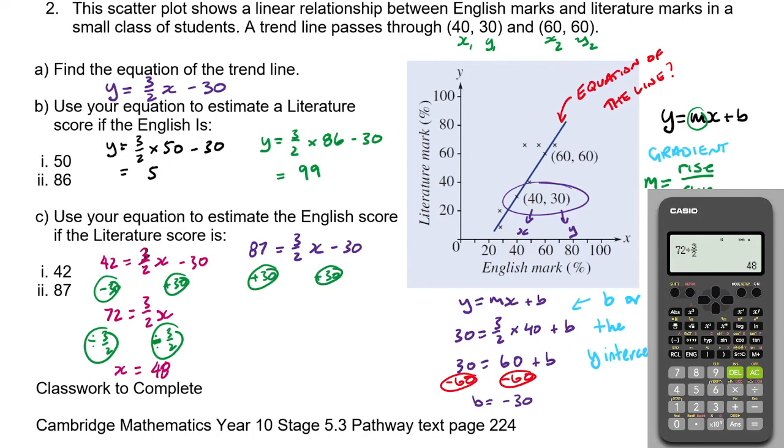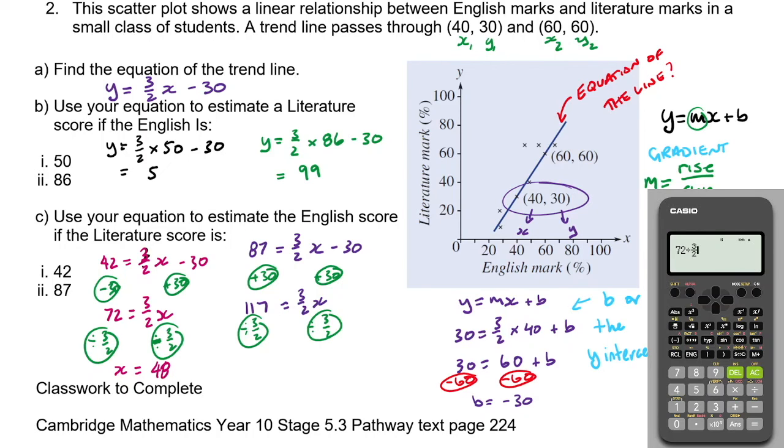Now remembering in algebra, whatever you do to one side, you must do to the other. If it does help you, remember that when you divide by a fraction, you are also multiplying by its reciprocal.